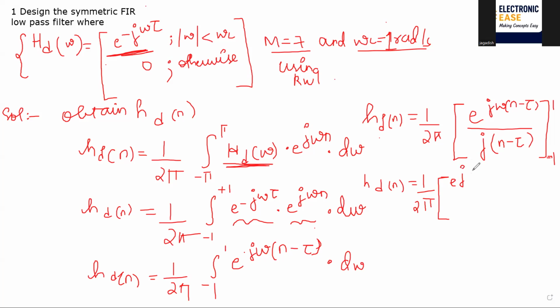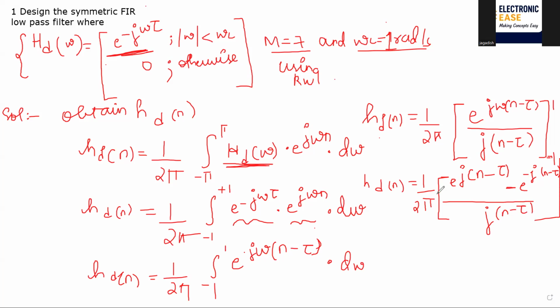So I will be getting 1 into n minus tau, minus e to the power of, so omega value I should substitute minus 1. So I will be getting e to the power of minus j into n minus tau, divided by j into n minus tau. So now what I need to do, children?